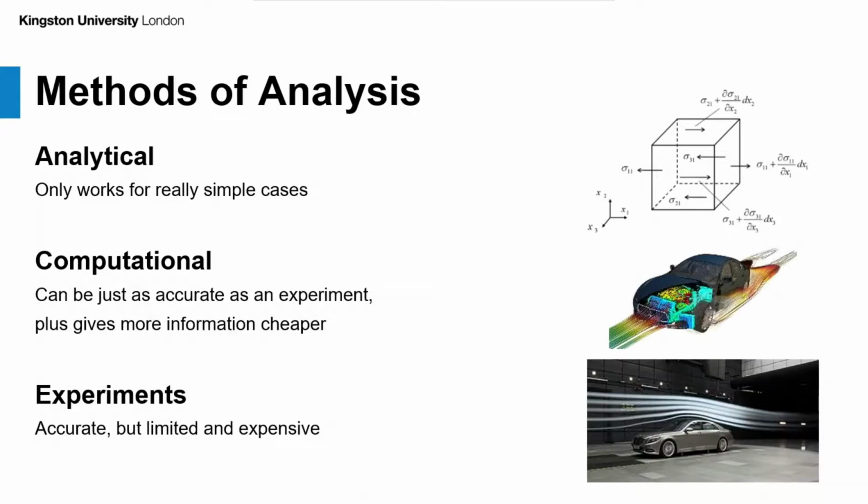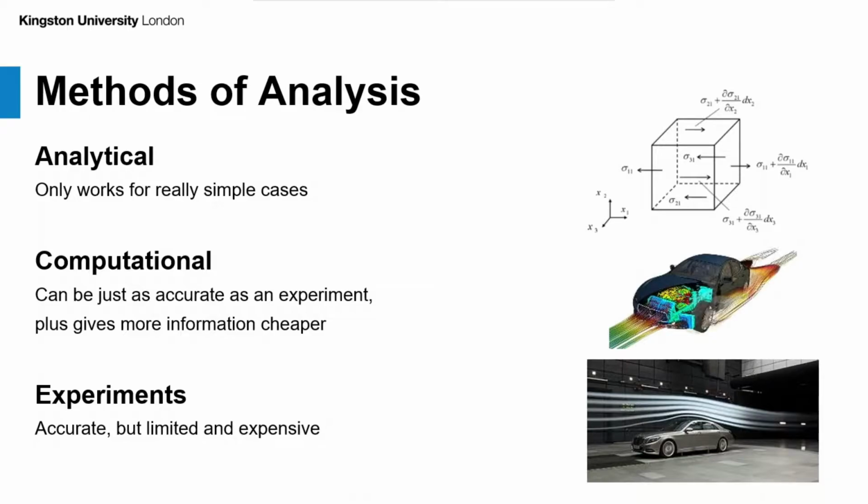On this side, we have experiments, which are really accurate and really good. But on the other hand, they're quite expensive because you need high-level equipment, which is expensive, and you need to calibrate it highly to make sure the results are accurate. It's also time consuming.